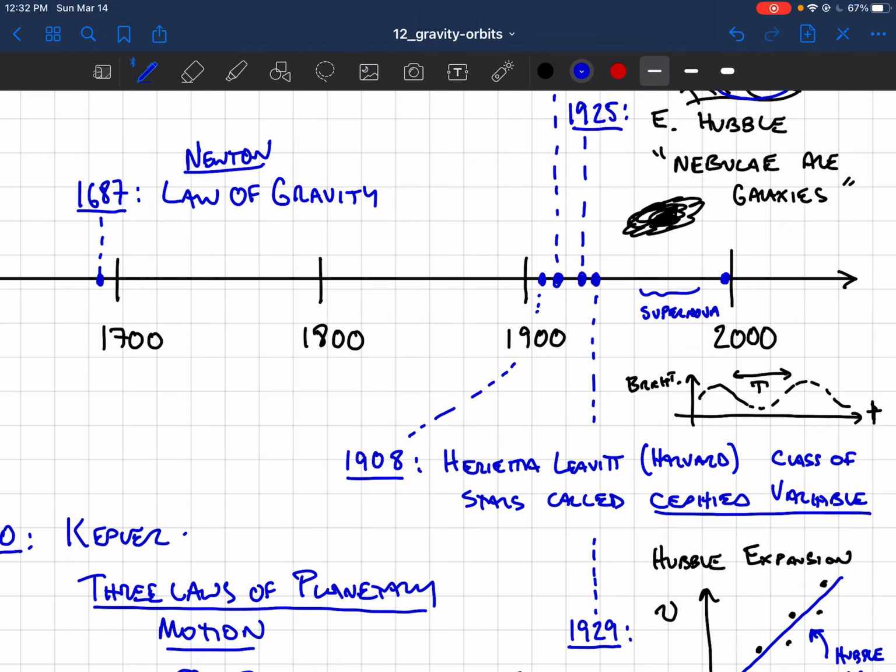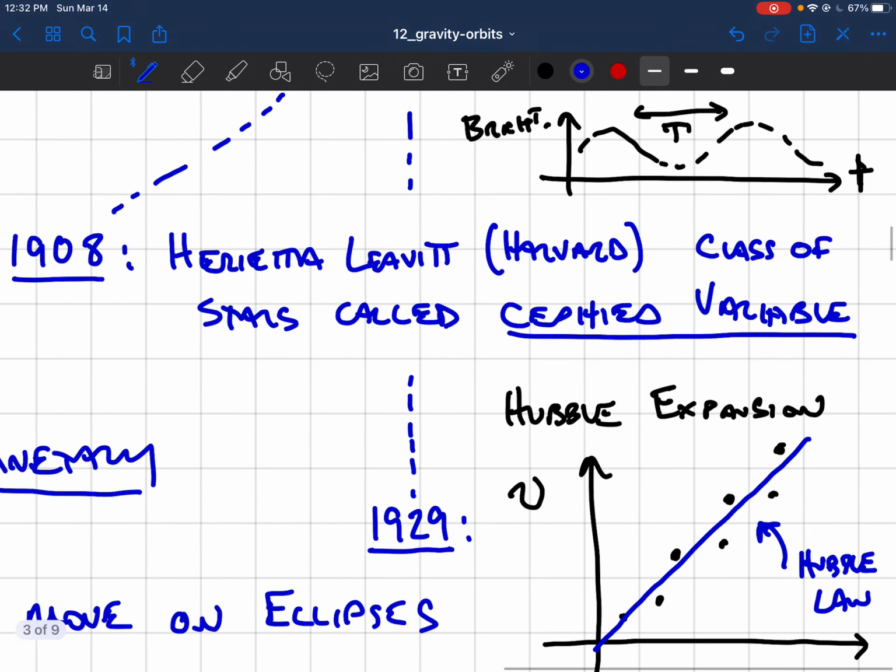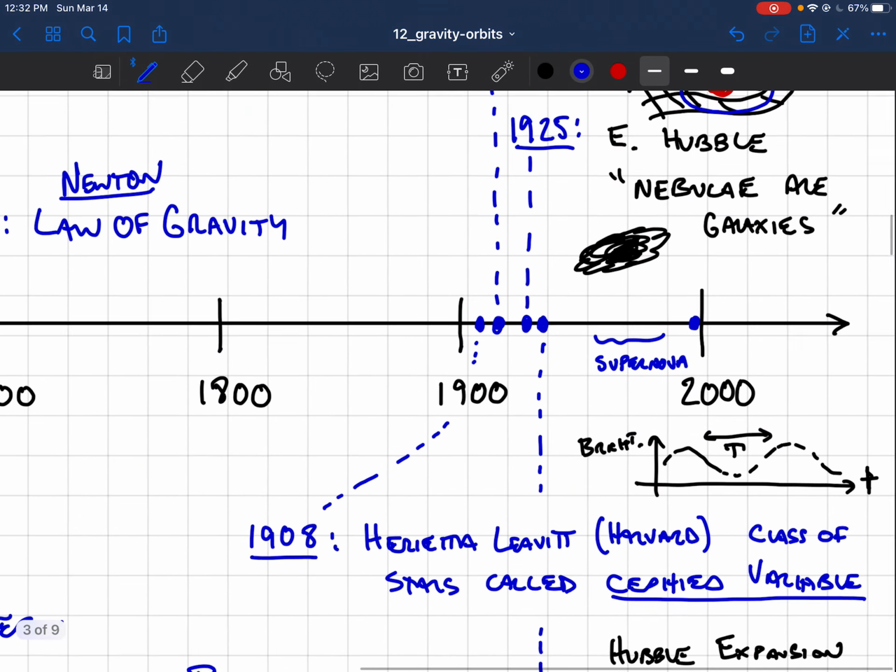Just like a Cepheid variable, there are certain exploding stars called type 1a supernovae, which explode with the same absolute brightness, the same luminosity, every time. When you see one of these things explode, and it has some characteristic way that it explodes so we can identify them in other galaxies, then you know exactly how far away that supernova is, and you know how far away the galaxy is, which allows you to make this Hubble law more carefully.